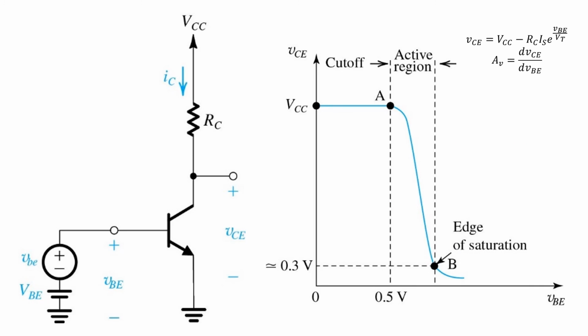Finally, here we have the NPN BJT amplifier again. Here we've superimposed on top of the operating point VBE our small signal, all lowercase vbe, using ss for short for small signal.